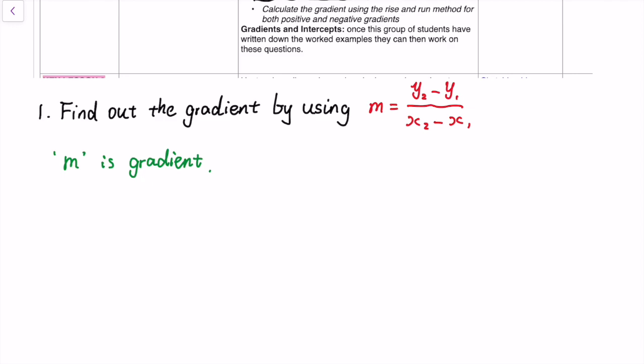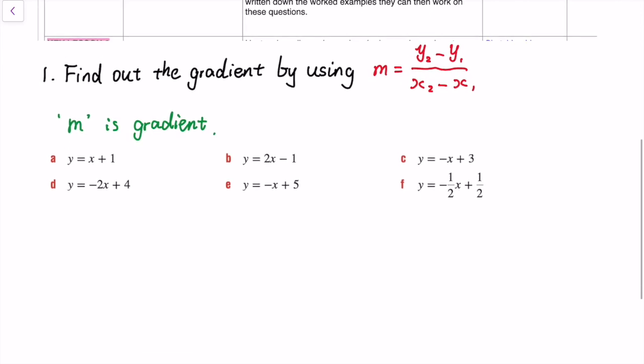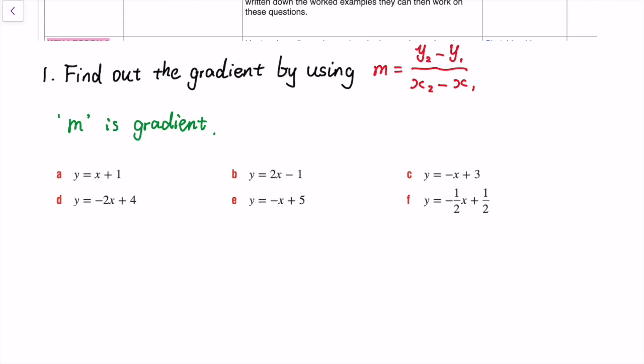In the last session we went through the gradient at a very basic level. For example, here are some linear equations, and we can find out the gradient straight away because the gradient is next to the x. Question A, the gradient is 1.